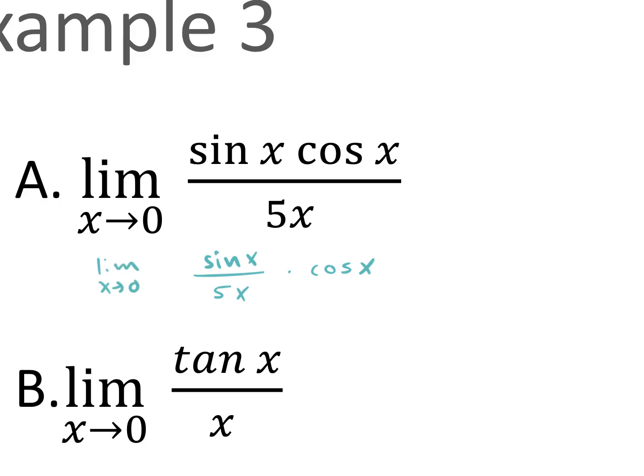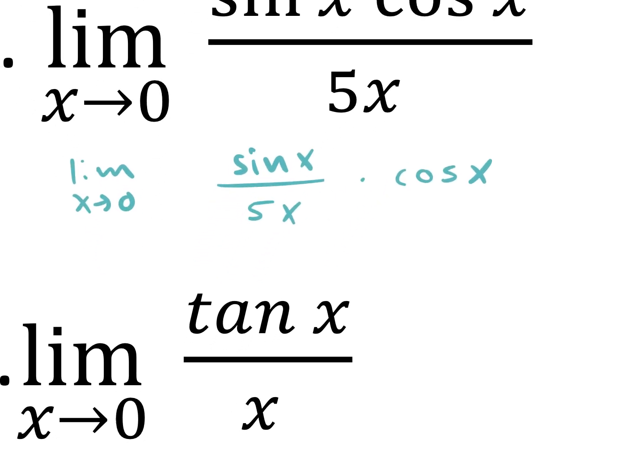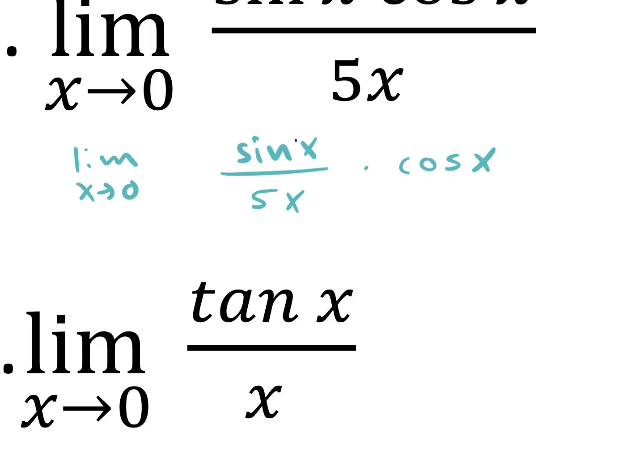So now we can find the limit of each one of these separately. What do you think the limit of the sine of x over 5x is going to be? 1/5, awesome. Our coefficient in front of the x would be 1 up top, so it'd be 1 over 5. So this would give us 1/5.